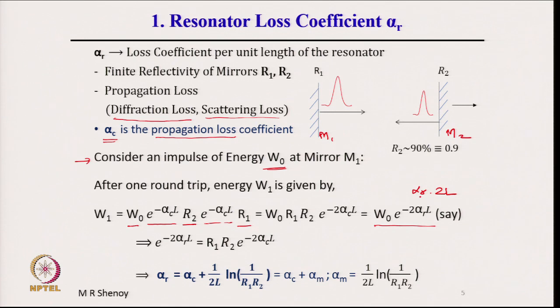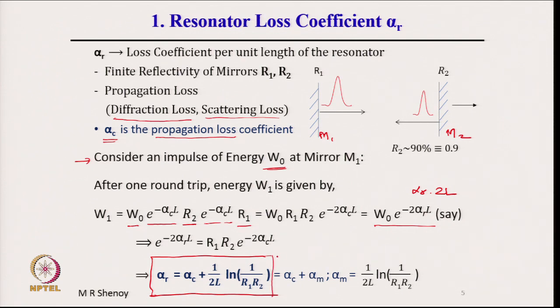In that case, we can call this alpha r the loss coefficient per unit length of the resonator. So W 0 cancels, and we have e to the power minus 2 alpha r into L equal to R 1 R 2 into e to the power minus 2 alpha c into L. If we transpose, we get alpha r equal to alpha c plus 1 by 2 L into ln 1 by R 1 R 2.